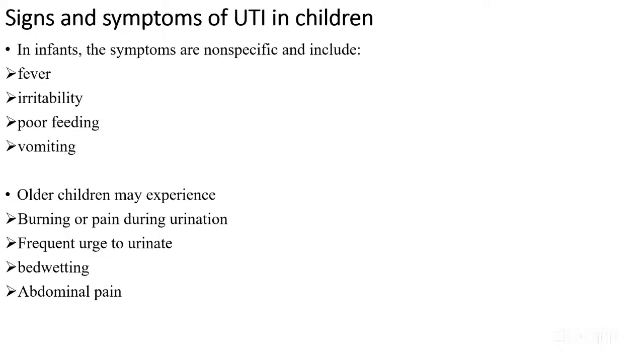For older children who can express themselves, they will explain that they are experiencing burning or pain during urination. You'll see them going to the washroom to urinate frequently. They will start bedwetting. Some of these kids had stopped bedwetting and then they will start bedwetting again, and you'll note there's a trend. And then they will report that they have lower abdominal pain.